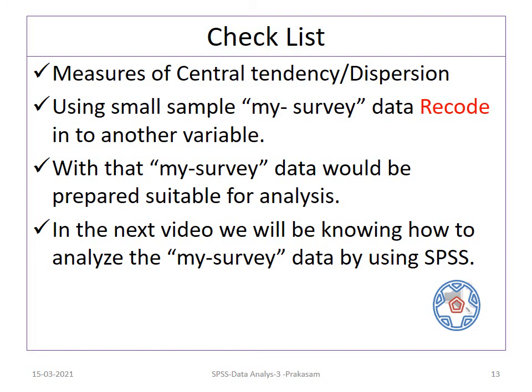That is a different concept of recoding. With this survey data, it is possible to prepare suitable tables and analysis using SPSS, which we are going to understand in the coming presentations.